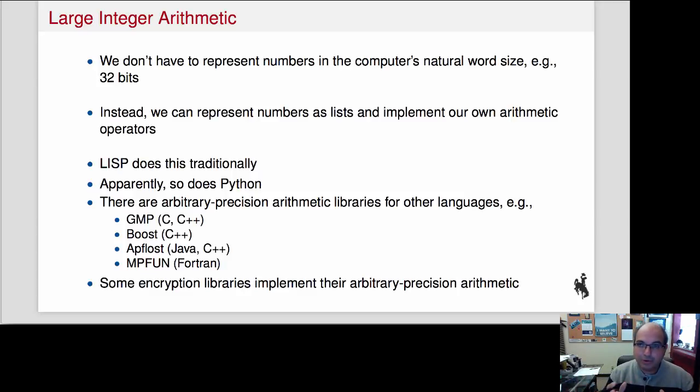Boost is a very cool C++ library that has many different things, including a large integer package. If you're in Java, surprisingly, because somebody just translated the code from C++, you can use something called APFloat, which again is just a library that handles large numbers. And if you're in Fortran, there's something called MPFUN, multiple precision functions, that actually does that. So it can handle small numbers, it can handle big numbers.